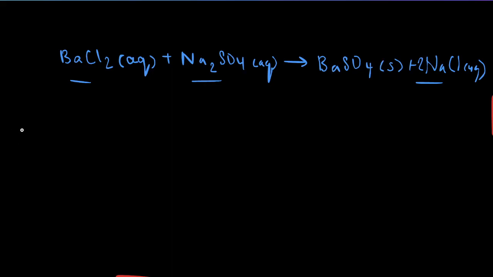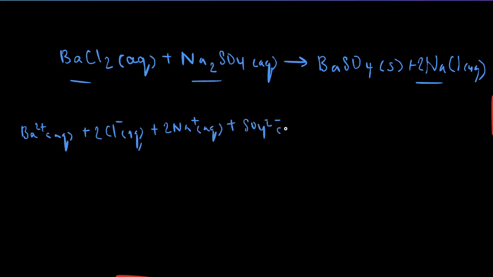So writing this out, we get barium plus 2Cl minus aqueous, plus 2 Na plus aqueous, plus sulfate aqueous, giving us barium sulfate in solid form and 2 Na plus and 2Cl minus.